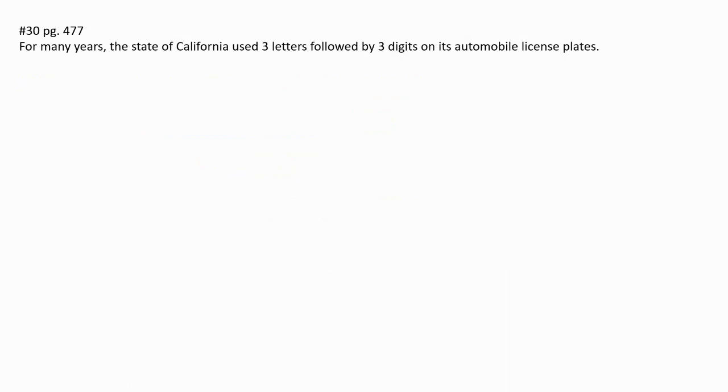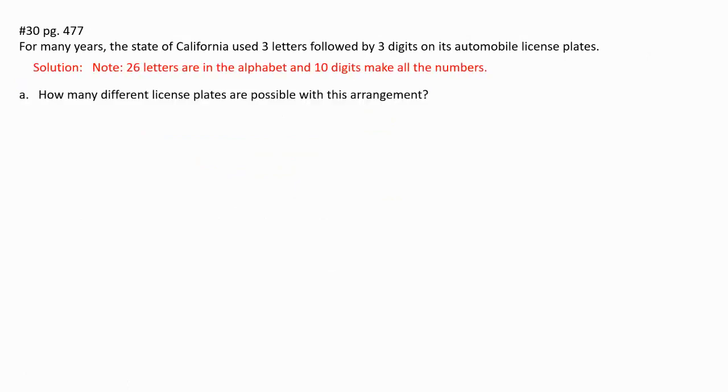Okay, now number 30, again, page 477. For many years, the state of California used 3 letters followed by 3 digits on its automobile license plates. Okay? So there are 26 letters in the alphabet and 10 digits, all the numbers. How many different license plates are possible with this arrangement? So we're going to put 1, 2, 3, 4, 5, 6, because it's going to be 3 letters followed by 3 numbers or 3 digits.